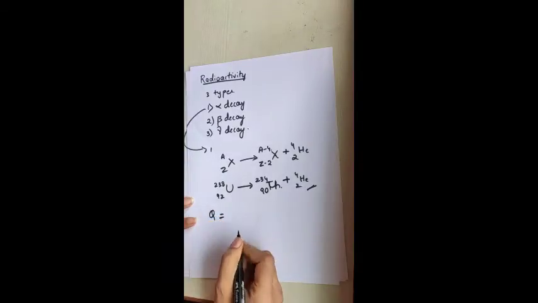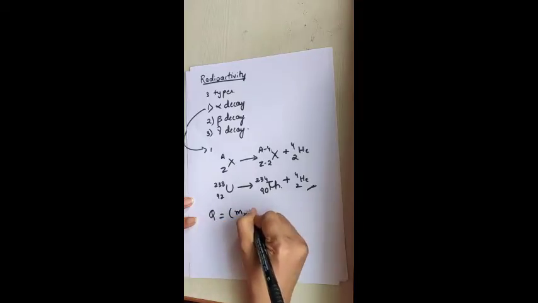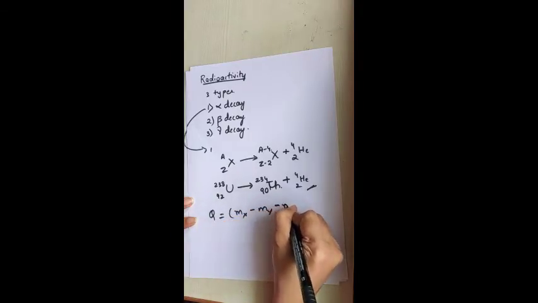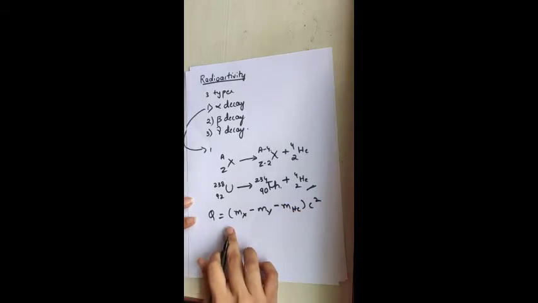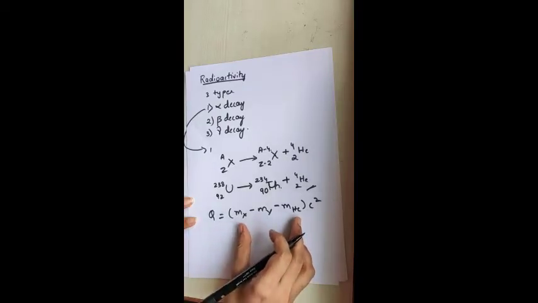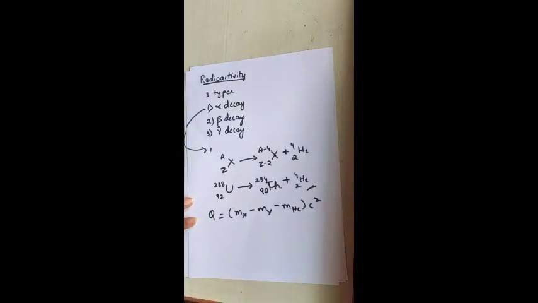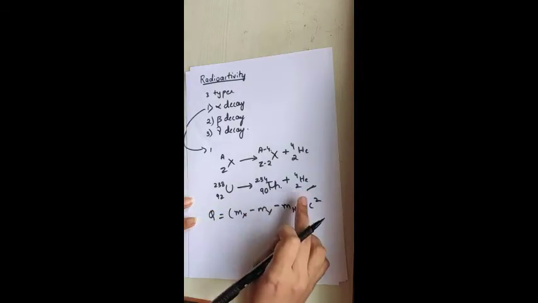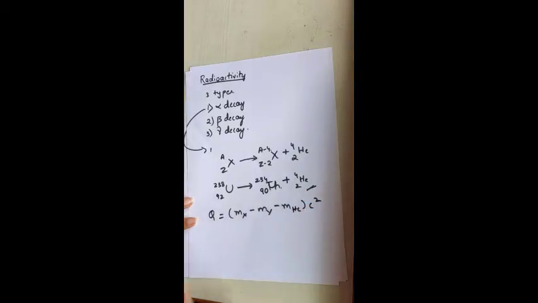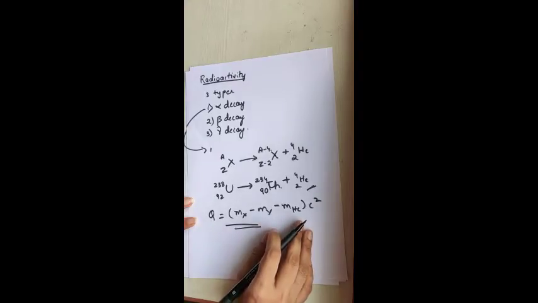So the Q value is calculated as Q equals (mX minus mY minus mHe) times c squared. It is the same as Einstein's mass energy relation, but in place of mass you take the difference in mass of the LHS and the RHS. So mX will have greater mass than the combined mass of the daughter nucleus and the helium nucleus. This is how to calculate the Q value, an important equation to remember to solve questions.